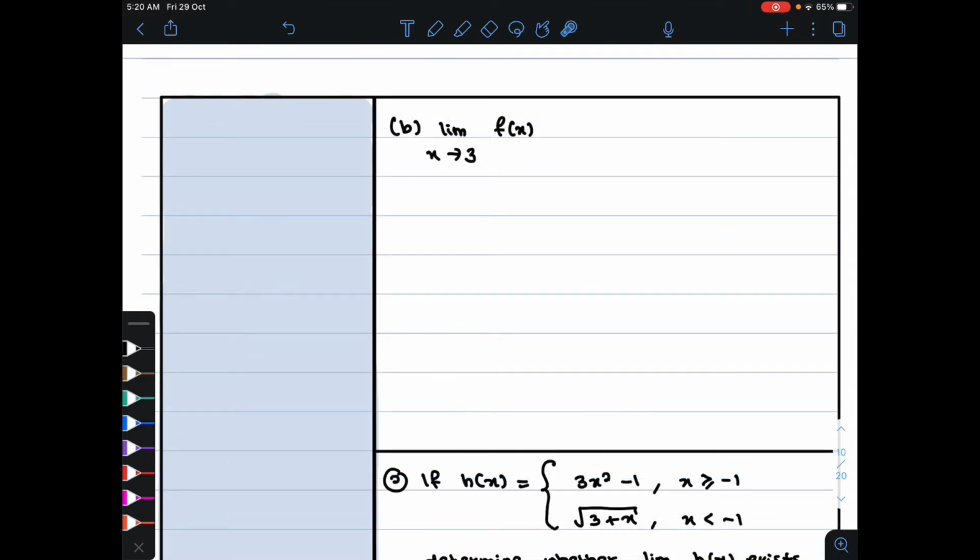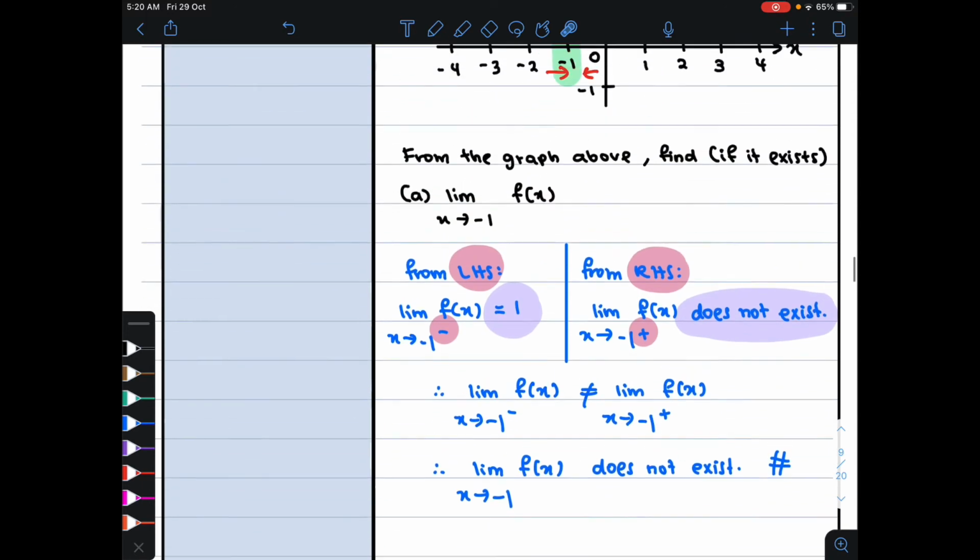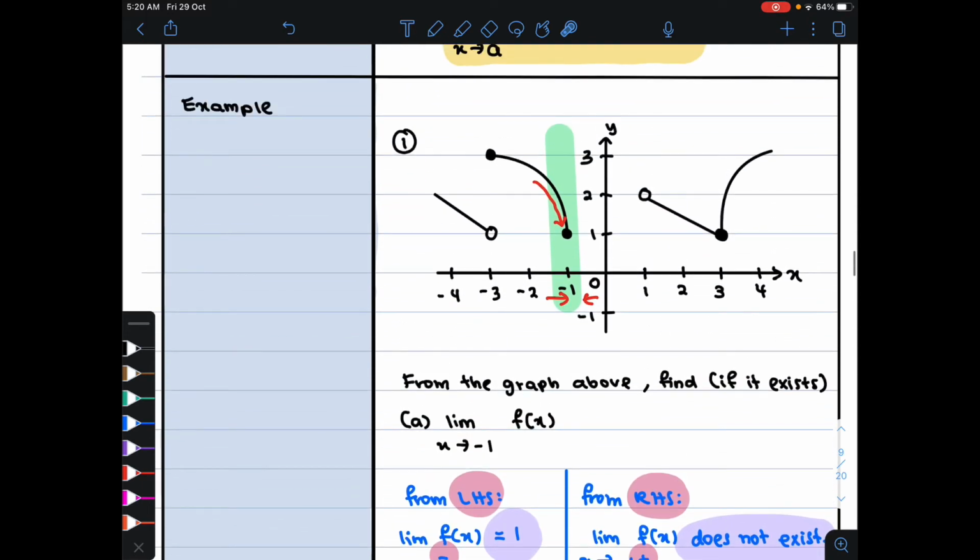For question B, we need to determine whether the limit of f(x) as x approaches 3 exists. So let's look at our graph. x equal to 3 is here. So we need to look from the left hand side and the right hand side. Let's start from the left hand side. From the left hand side, we can see that we have this graph.